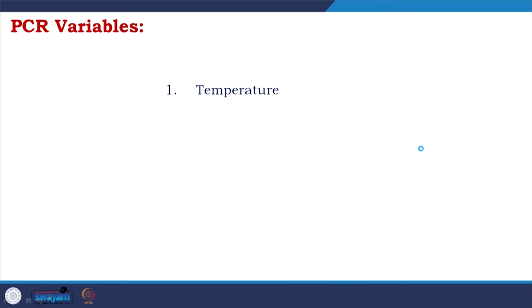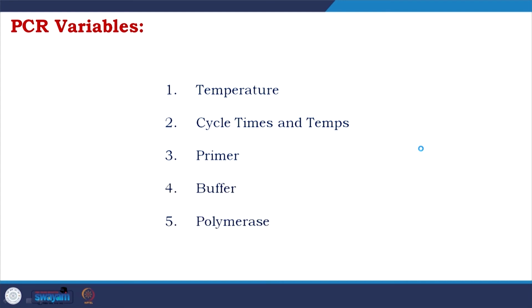There are variables in the PCR to optimize, which are temperature, cycle times and related temperatures, primers, buffer and the DNA polymerase, the enzyme.